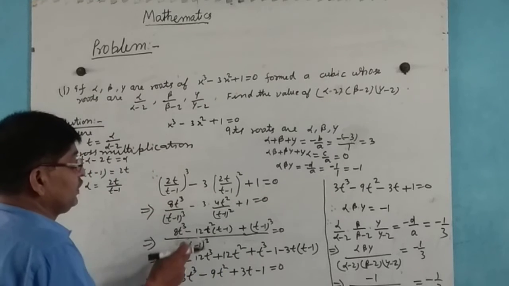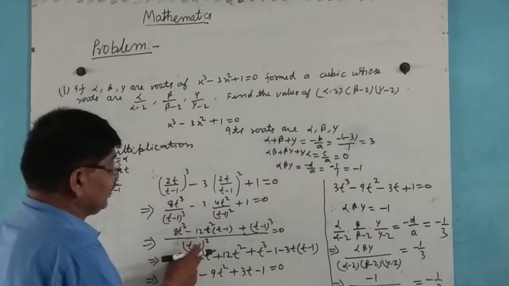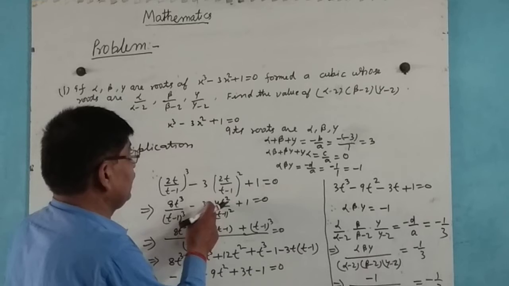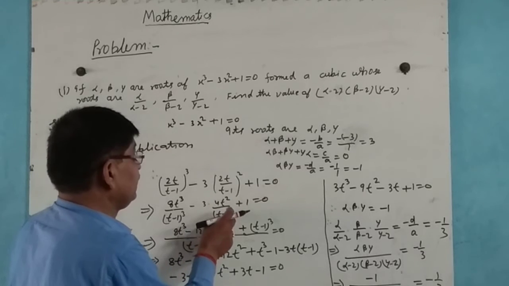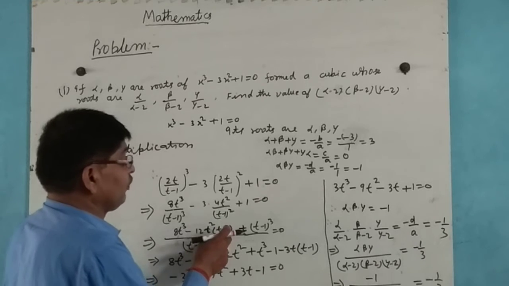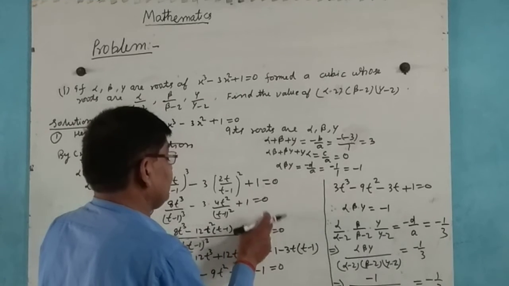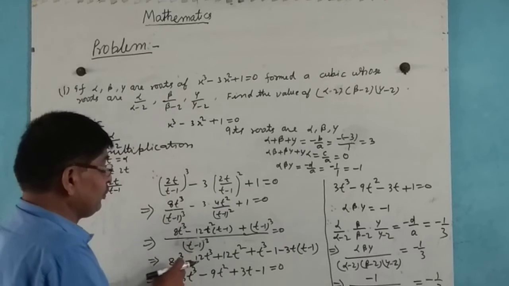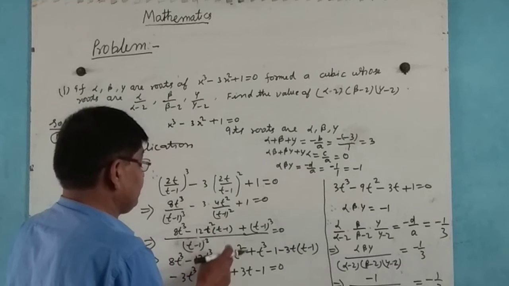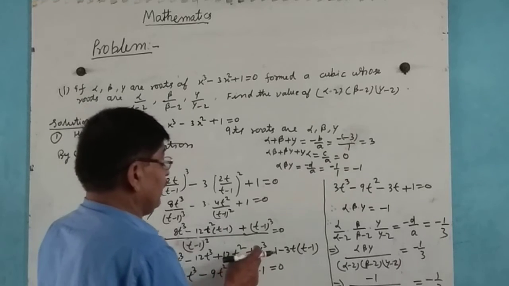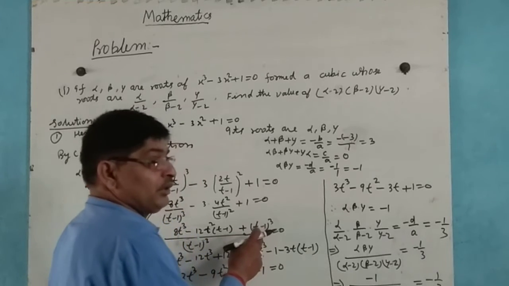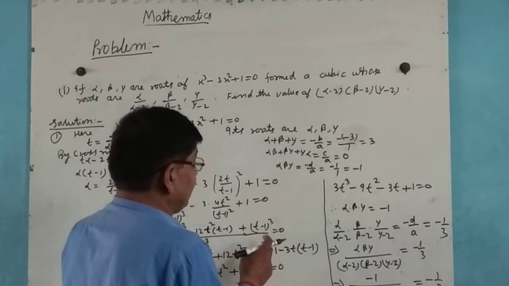Now taking the LCM of (t minus 1) power cube here, 8t cube minus 12t square (t minus 1) plus (t minus 1) whole cube. Then 8t cube minus 12t cube plus 12t square, and this is (a minus b) whole cube, a cube minus b cube minus 3ab (a minus b).